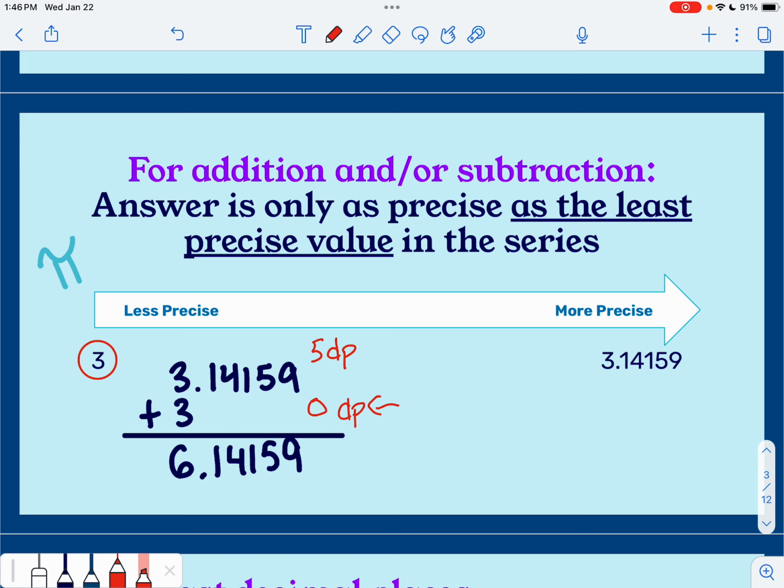To illustrate this, we're going to draw a line down from where they differ in their precision, okay? And then we're just going to see if the number that comes right after that line can round our number that we are keeping to anything.